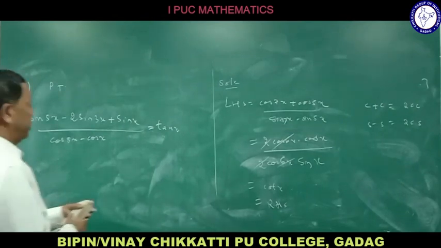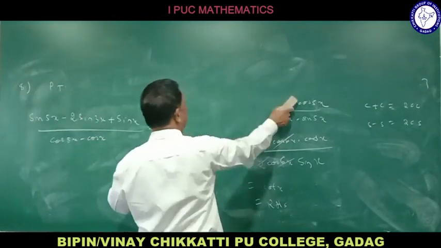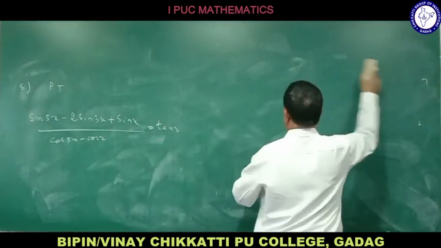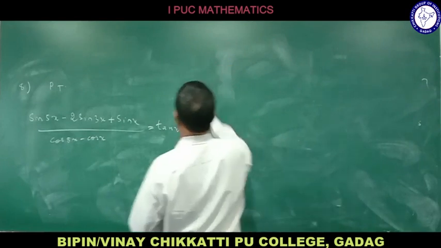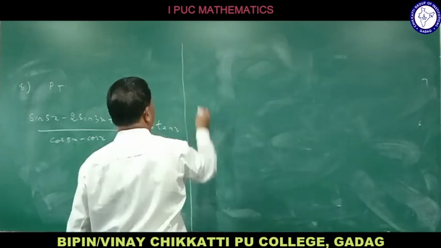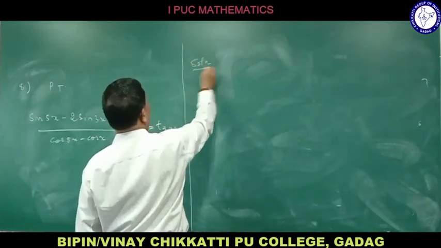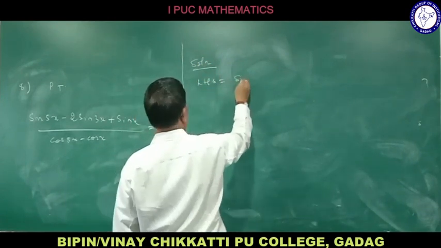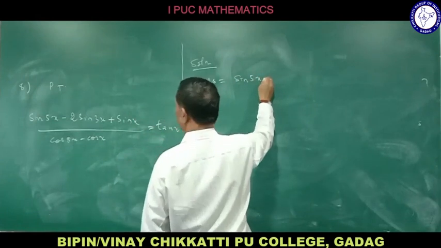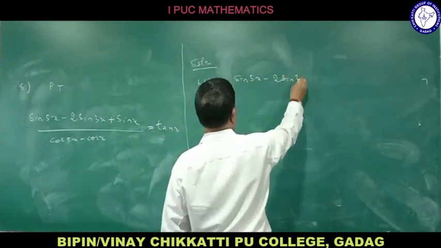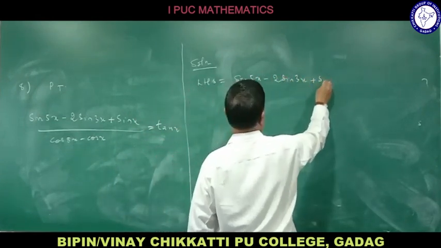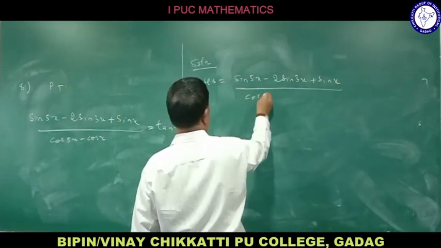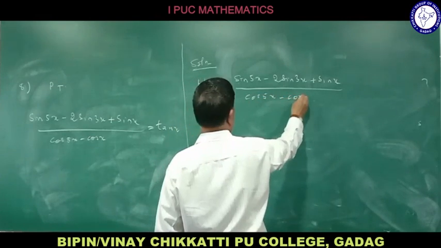Once again, sin 5x minus 2 sin 3x plus sin x, divided by cos 5x minus cos x. So I will prove this, and the result is tan x. That is the end of these problems, and the end of this topic also. Now you see the solution. LHS: sin 5x minus 2 sin 3x plus sin x divided by cos 5x minus cos x.